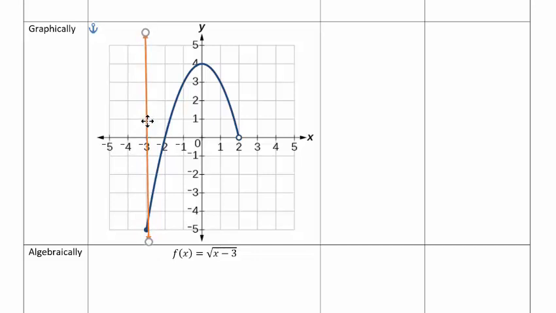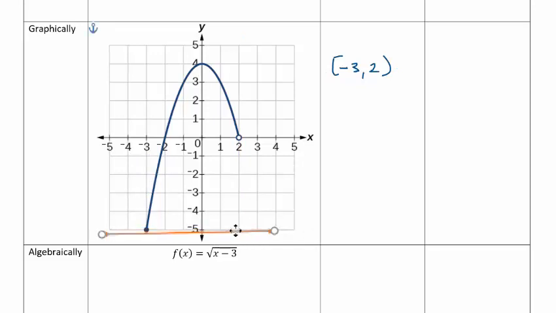So -3, and then my ruler crosses the graph every place until it gets to x equals 2. So the interval would be [-3, 2), with a bracket at -3 since that point existed on the graph. But at 2 there was an open circle, meaning there's not actually a point at x equals 2, so we'll put parentheses.